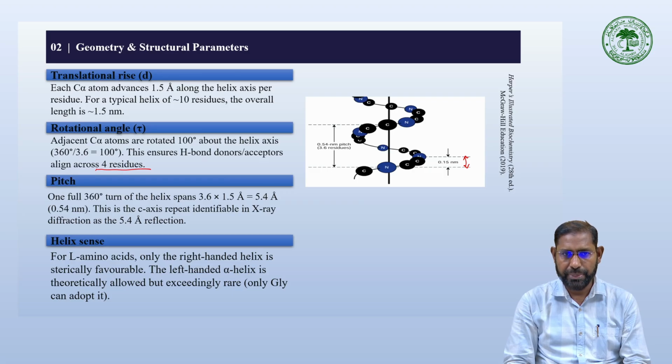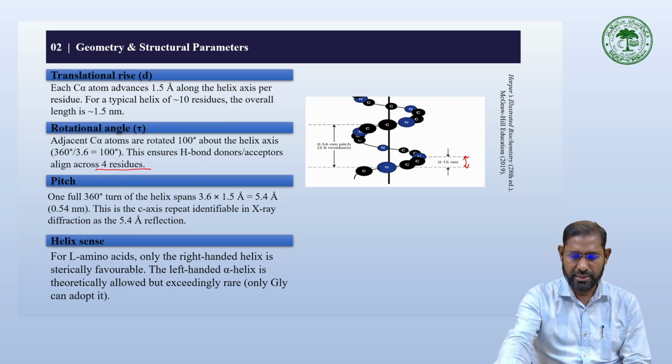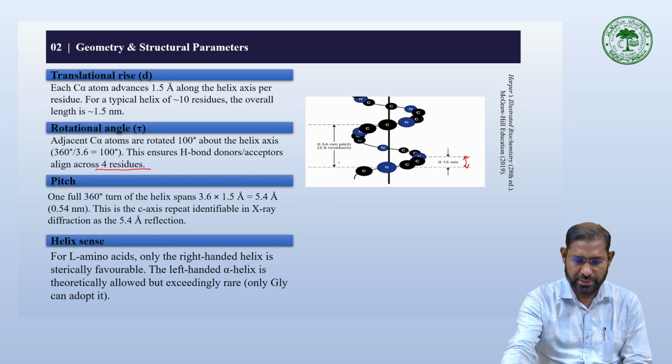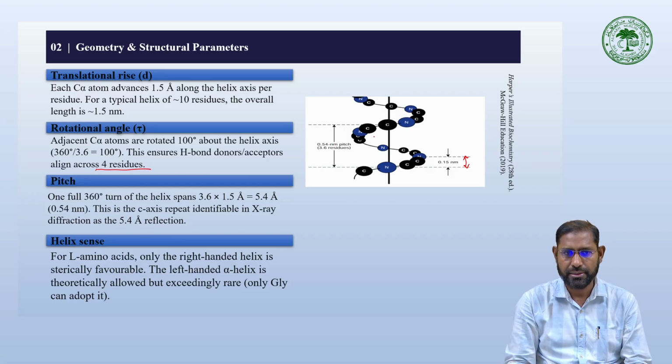So this is one pitch, and this is the c axis. This repeat is identified by X-ray crystallography diffraction as a 5.4 reflection, meaning repetition of the helix.